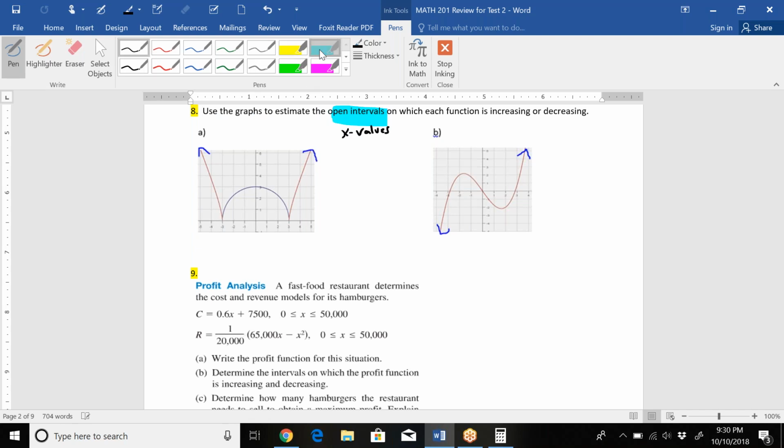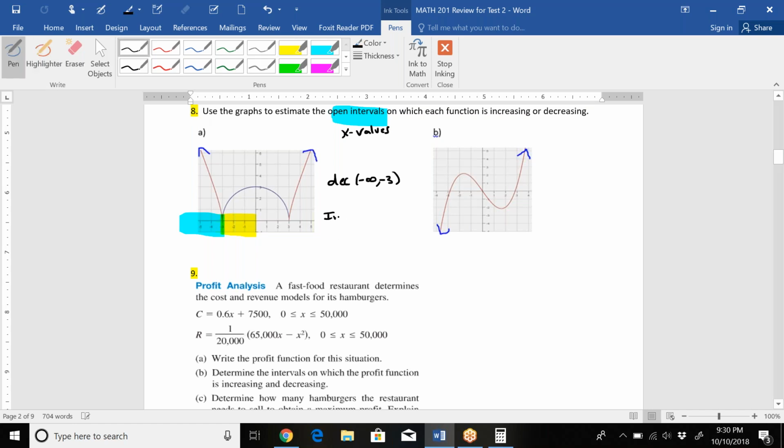So if you look right here on this first one, this is decreasing. See how this is going downhill from negative infinity all the way till we get to that point right there on the x-axis. So that's going to be decreasing from negative infinity to -3. And then the graph starts going uphill from -3 to here. Because we have a max here, that means it's going to start going downhill again.